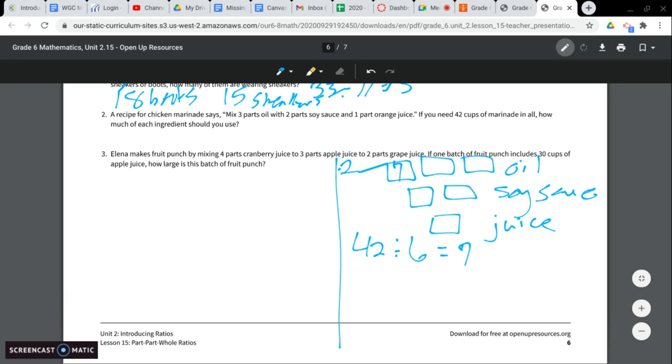So part is your key word for this lesson, part. So each one of those has 7. So we should use 7 times 3 is 21.